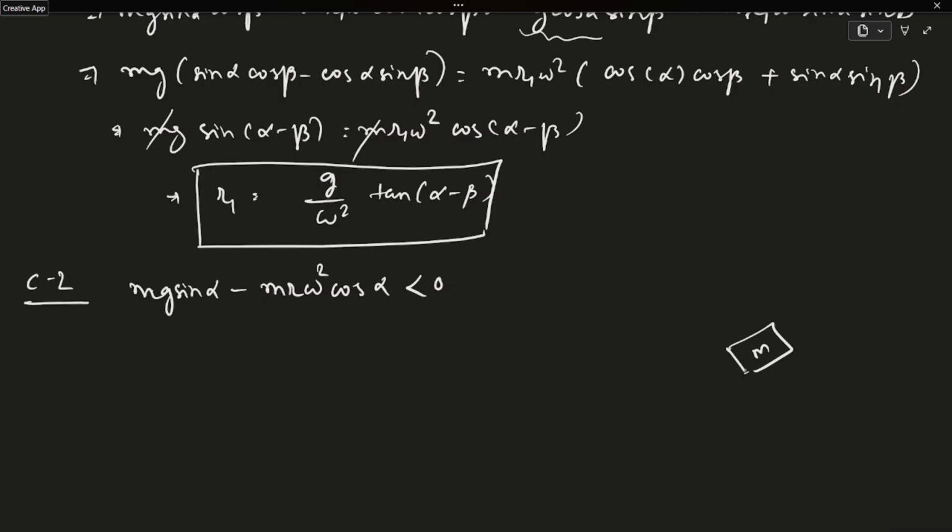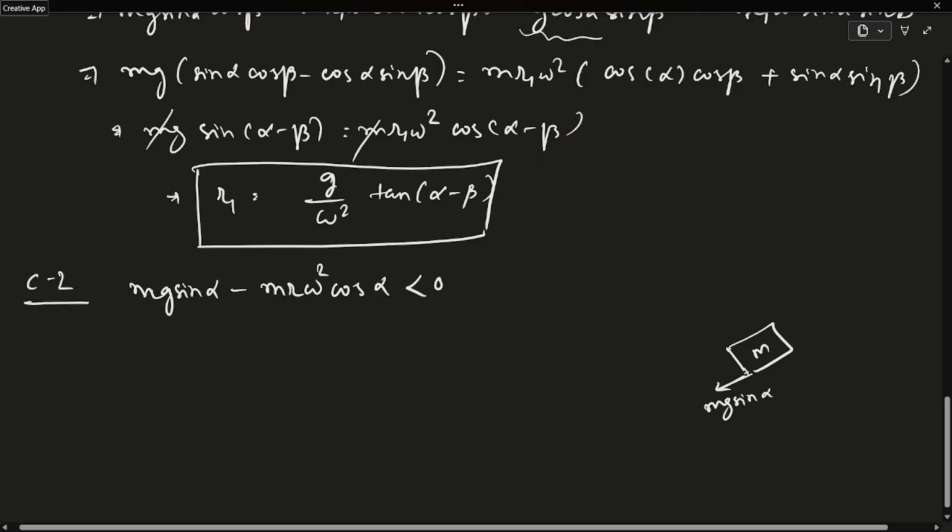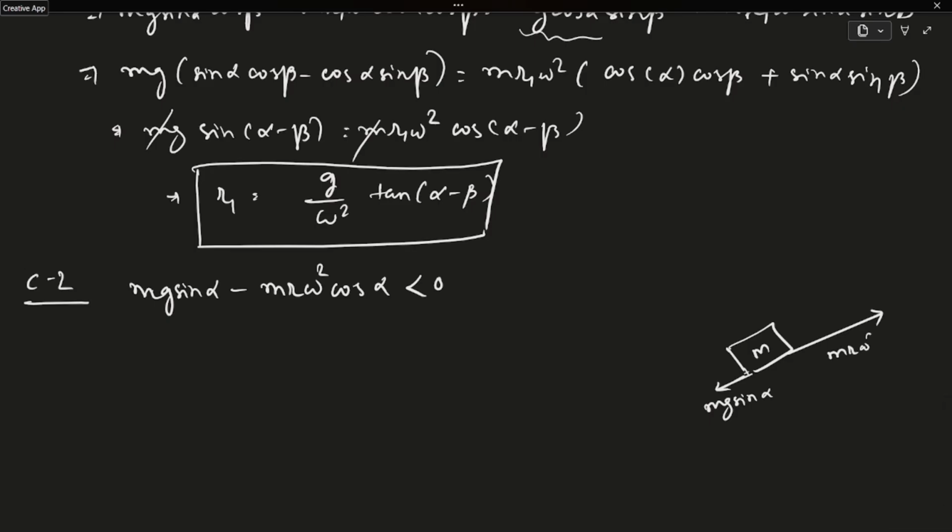This is m. This is mg sin alpha. This is mr omega square cos alpha. Because R can vary, the pseudo force component will vary. So there are two cases.